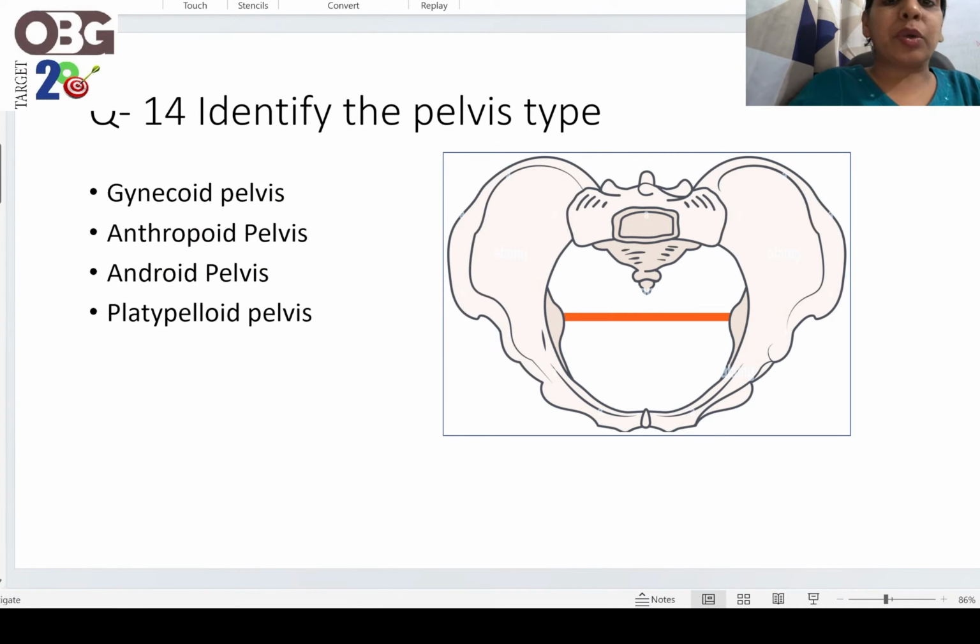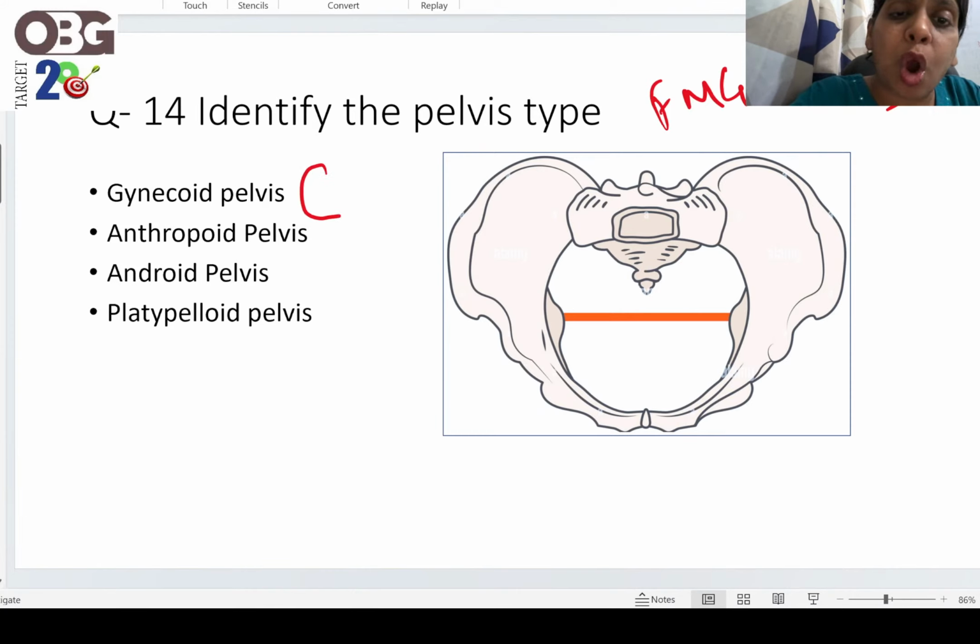So here is a question from the FMG January 23. Here you have to tell what the pelvis type is. We know that the gynecoid pelvis is almost round in shape, or you can say a little transverse oval.